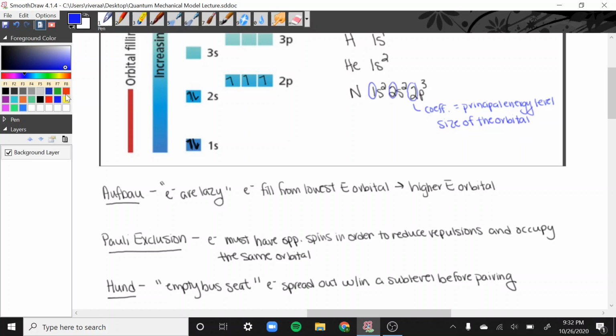Okay? The letters, the S, the P, and if we were going on to D's and F's, these letters are representing the shape of the orbital. And lastly, these superscripts are telling us the number of electrons in the sublevel.